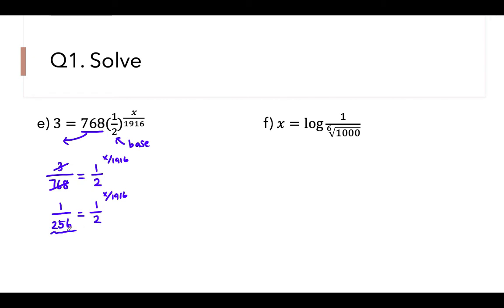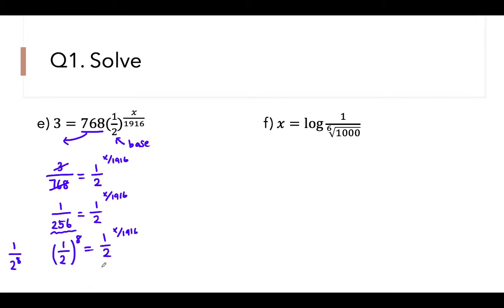So if you do it, it's 2 to the 8. So I'm going to put it in here. You could put it this way, or you could put 1 over 2 to the 8. It's the same thing, because 1 to the 8 is 1. Equals 1 over 2 x over 1916.